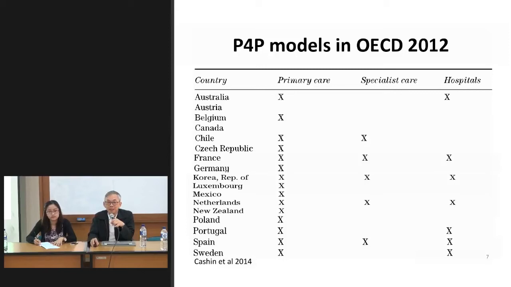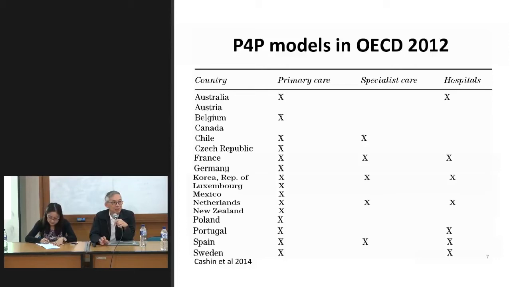So we can see that the most prevalent, 18 countries out of 33 countries apply in the year 2012 of the publish of this textbook. 18 out of 33 countries apply to the primary care. But apply doesn't mean that the whole 100%.